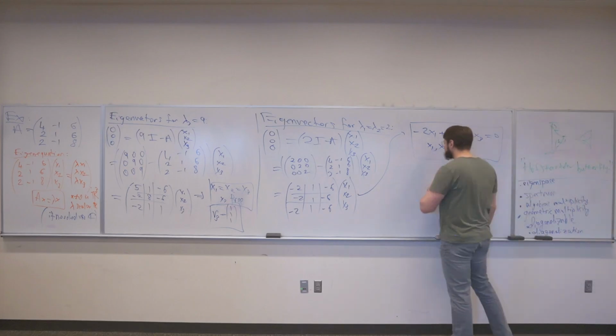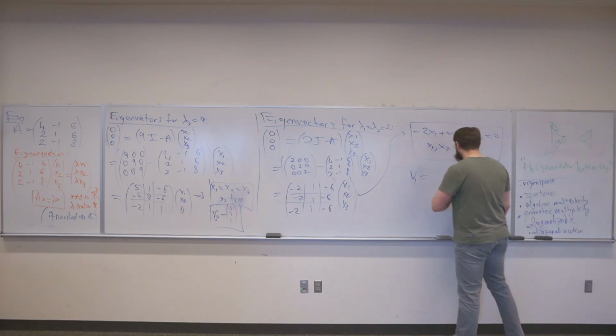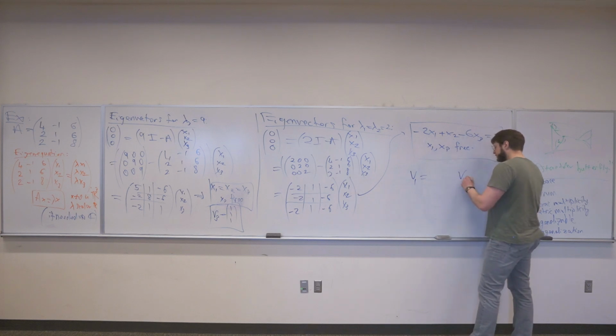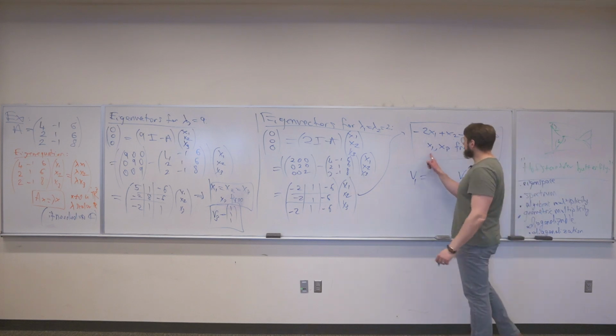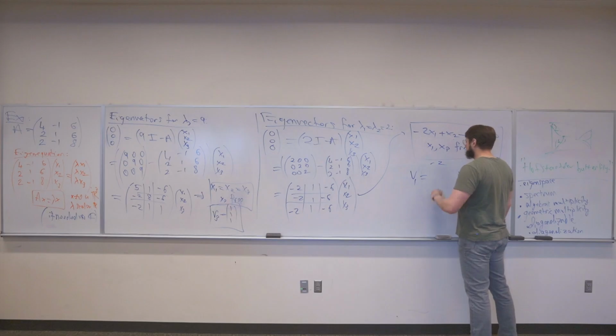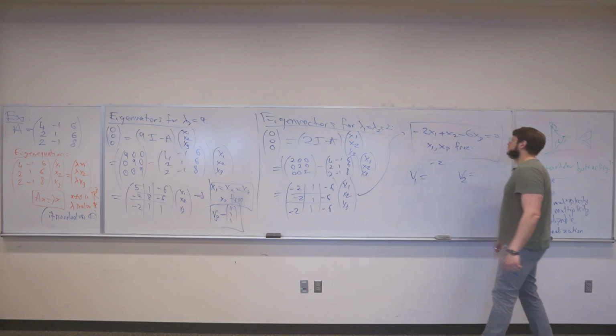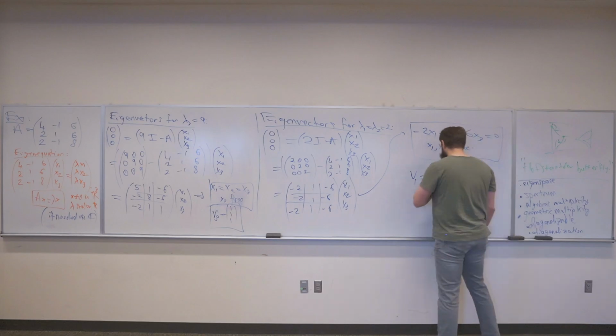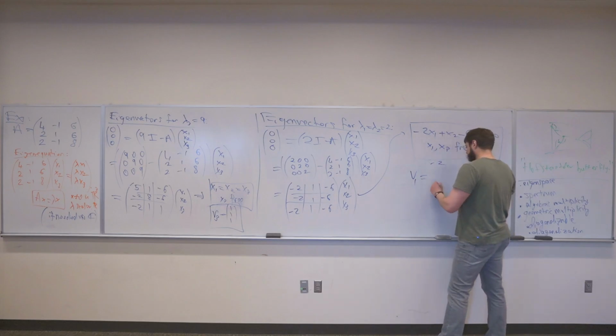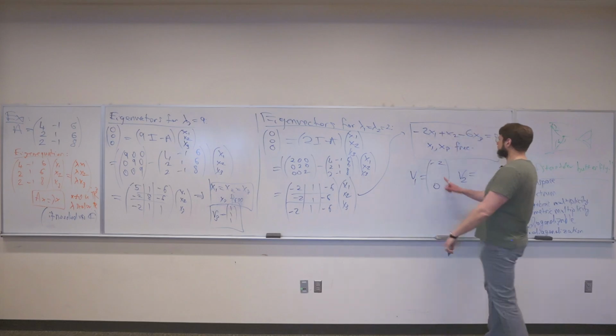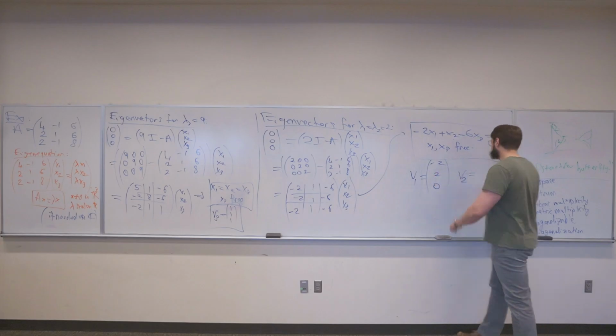If I were to plug in x1 equals 1, I get 1 vector. And for the other one, I get something else. So if x1 is 1, then I have here this. X2 should be whatever. We'll figure that out. That's 0. So that should be a 2.